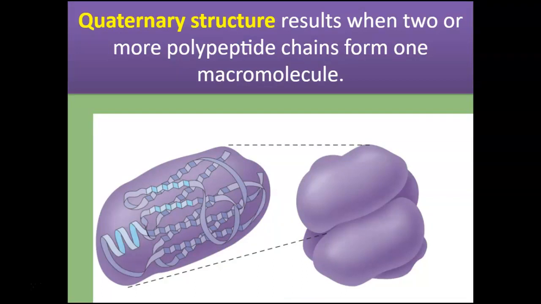Finally, the quaternary structure of a protein results when 2 or more different polypeptide chains form one macromolecule. For example, an enzyme such as DNA polymerase contains several different polypeptide chains working together to perform a common function.